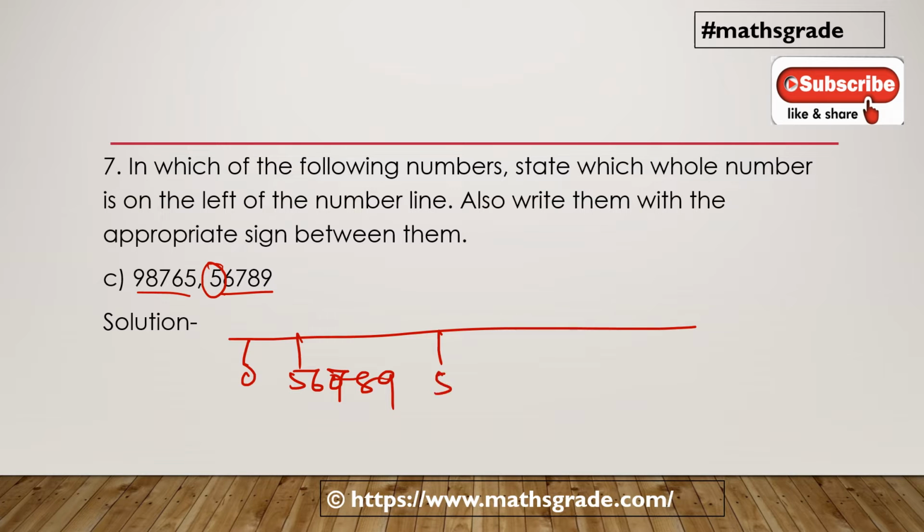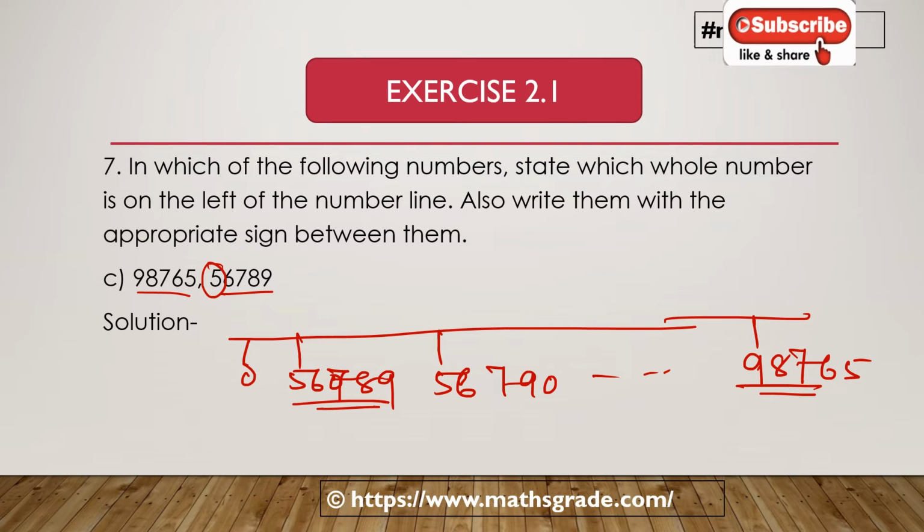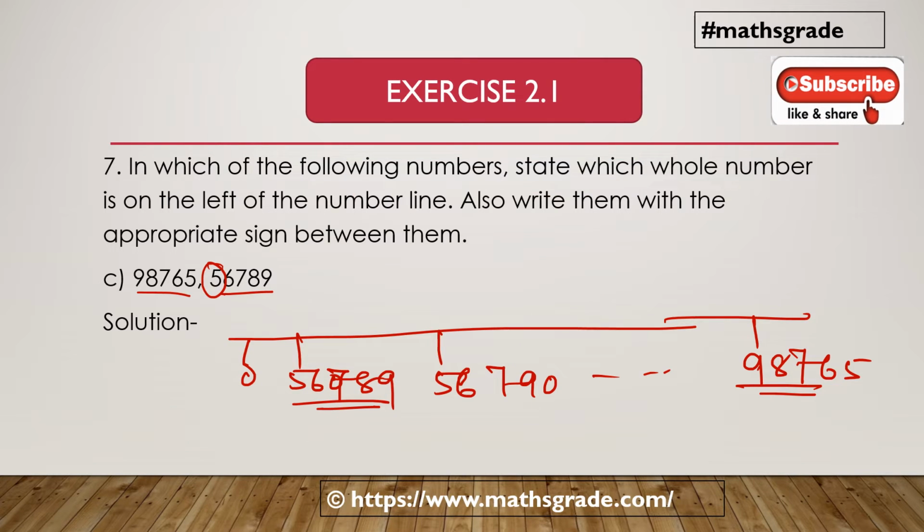Then 56,790 like this, then suppose this is 98,765. And 98,765 is the bigger number than 56,789, because 9 is bigger, 9 is more than 5, 9 is greater than 5.